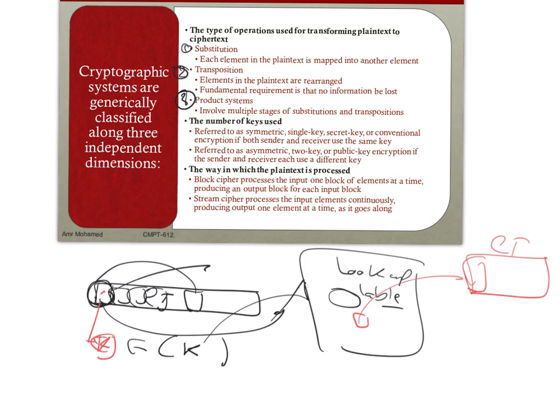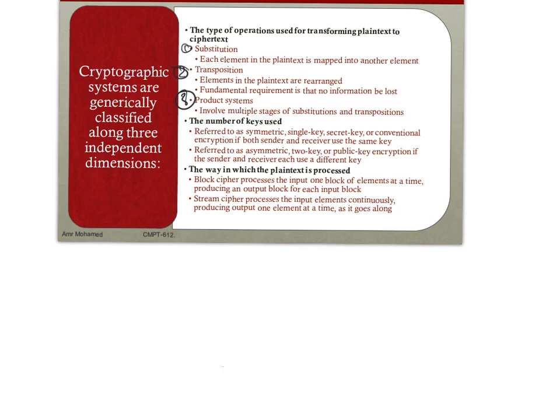There is another way which is also very interesting and very important, and we'll discuss that as part of the assignment, which is to classify the encryption algorithms into block ciphers and stream ciphers. That's very important.